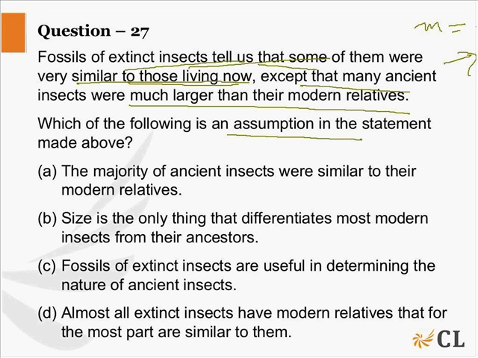Now you are saying the majority of ancient insects were similar, while the statement says some of them were very similar. You cannot equate majority with some, so option A is incorrect. I hope that answers your question, Prashant. Does it?